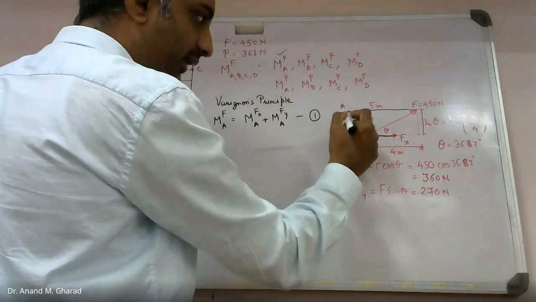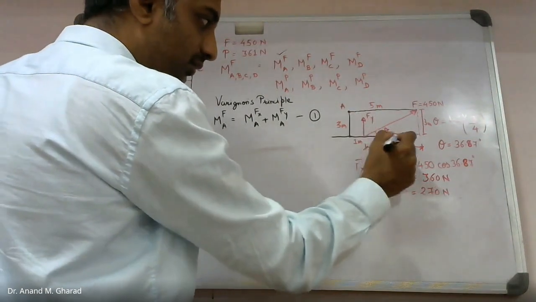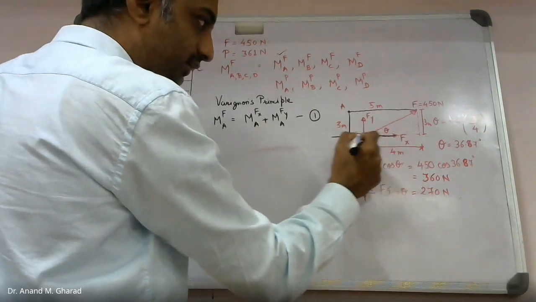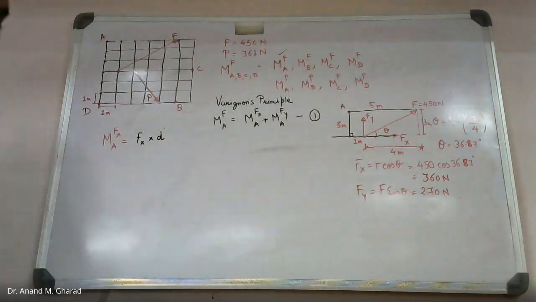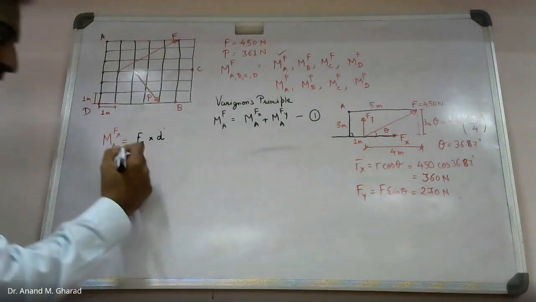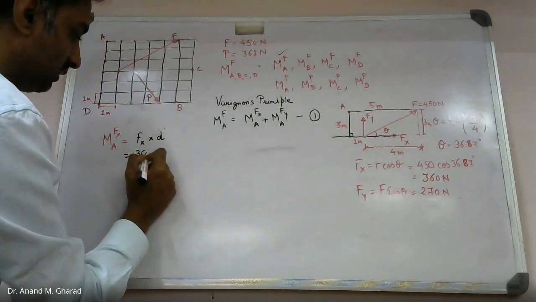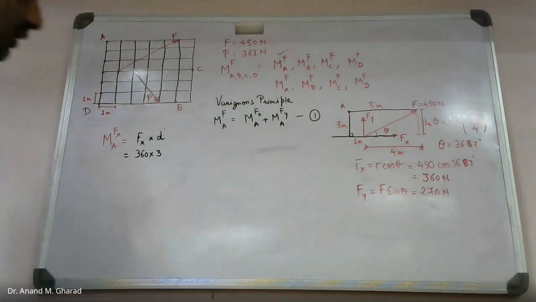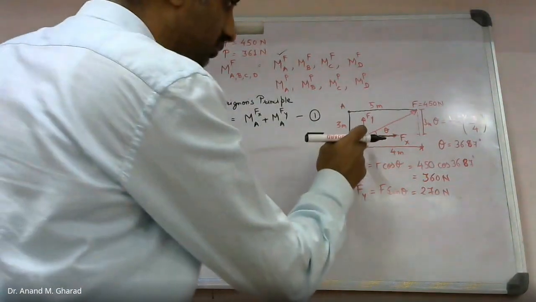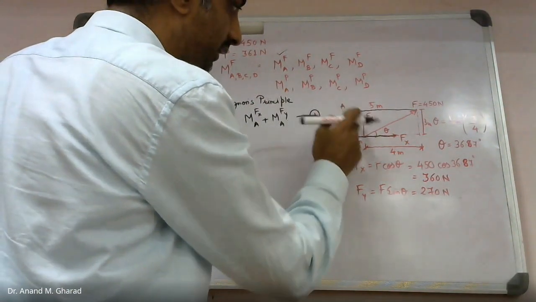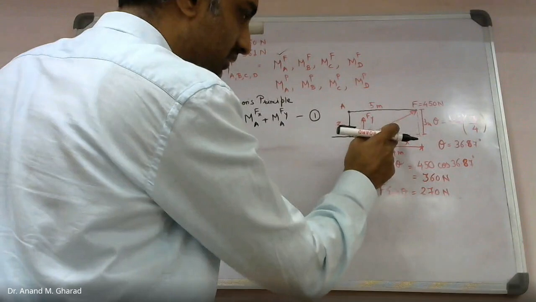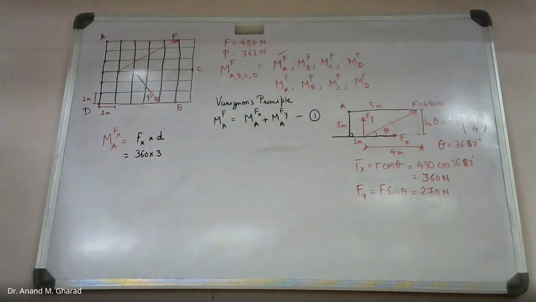So what is that point? A. So I will drop a perpendicular from point A to the line of action of this force. Please let me know the perpendicular distance. 3 meter. So Fx we have found to be 360 into 3. Now about this point A, Fx is causing which type of rotation, positive or negative, clockwise or anti-clockwise?